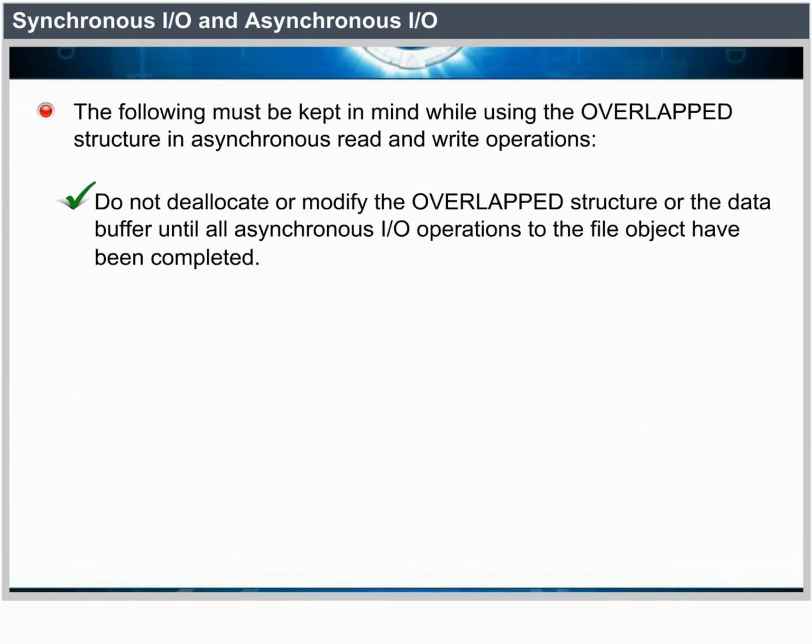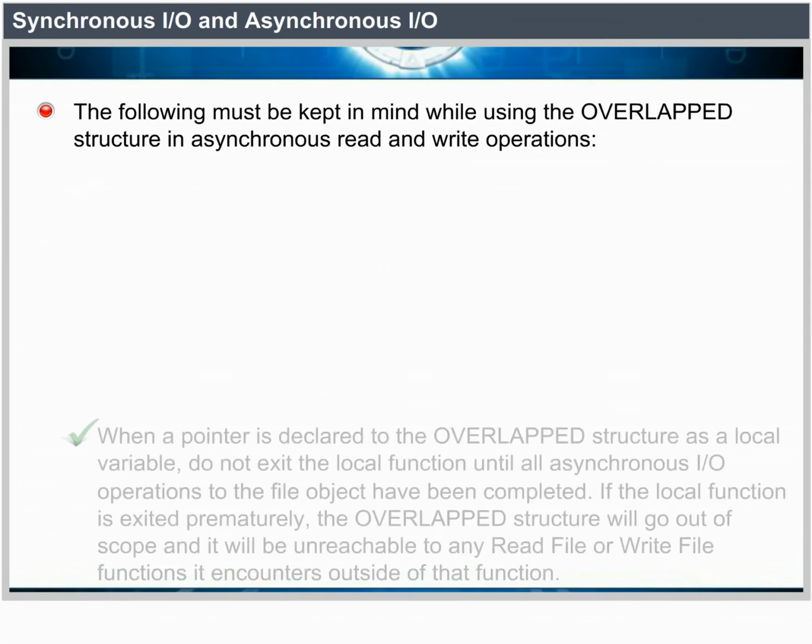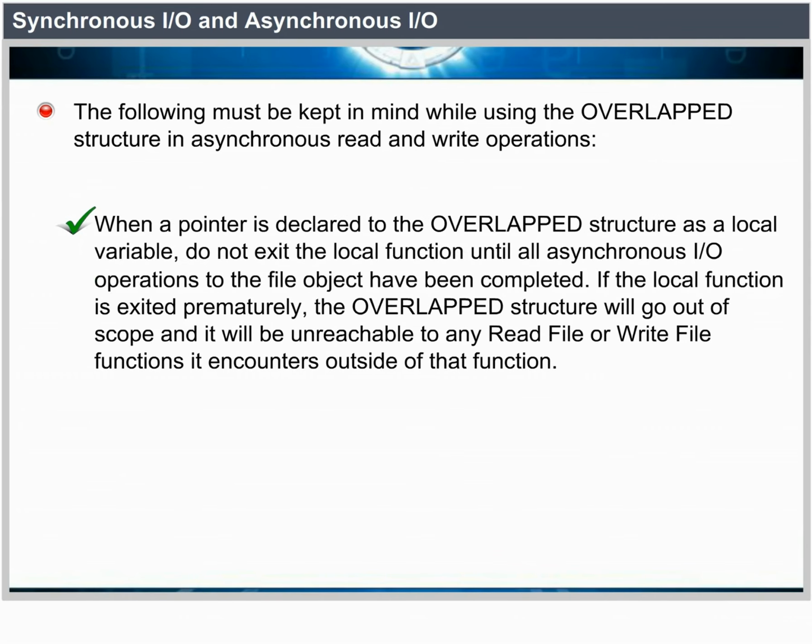If you declare your pointer to the overlapped structure as a local variable, do not exit the local function until all asynchronous input-output operations to the file object have been completed. If the local function is exited prematurely, the overlapped structure will go out of scope and it will be inaccessible to any read file or write file functions it encounters outside of that function.